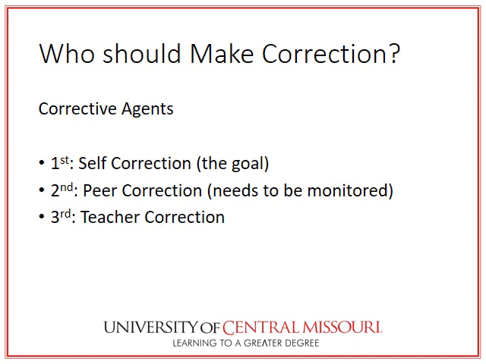But students do often correct each other, and this can be effective if it's appropriate. The teacher correction is probably the least effective in making change in the student's language. So first, self-correction, second, peer correction, third, teacher correction.